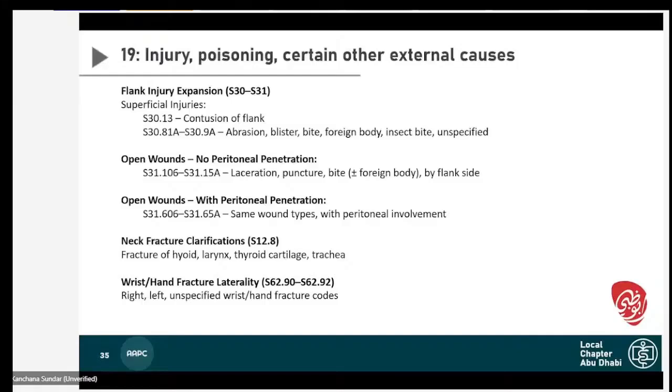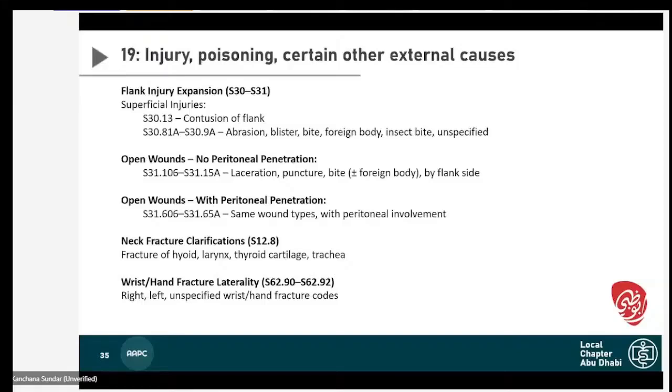So what is the change here they are talking about is, earlier if you go to neck fracture and see below neck fracture in the tabular list, you will find only the sites being specified: hyoid, larynx, thyroid, trachea. Now they have included it saying that fracture of hyoid, fracture of larynx, fracture of thyroid. And so that minor change also is a change for us. So that has been included with a neck fracture.